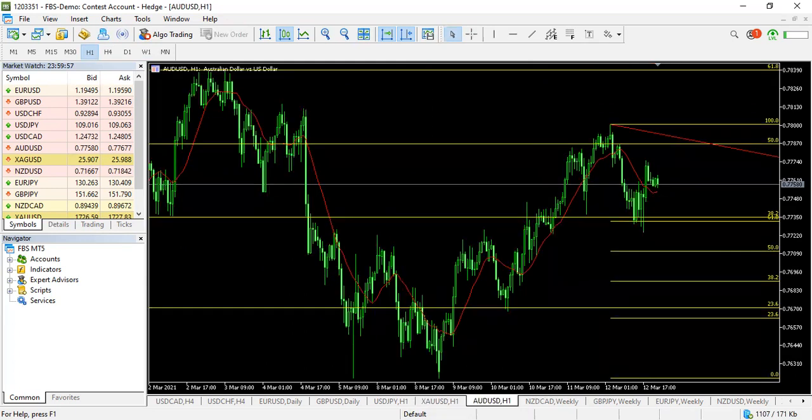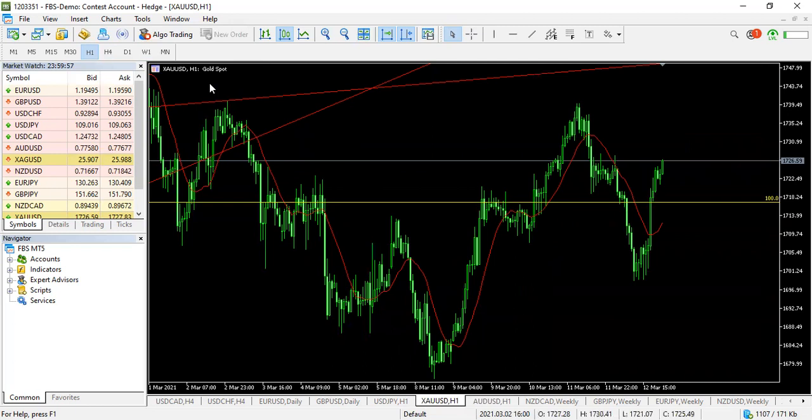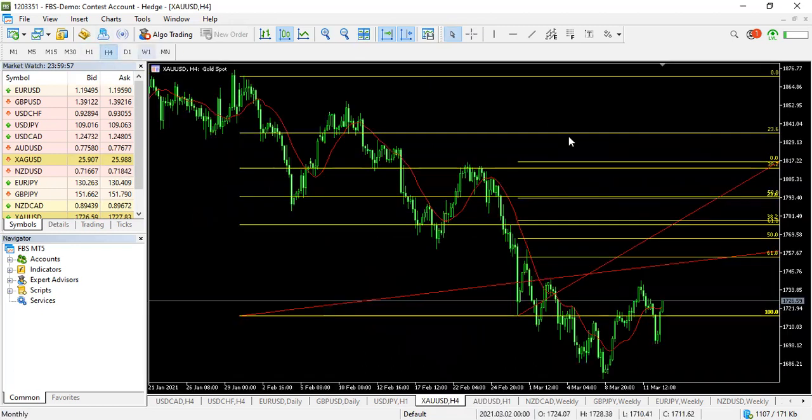And the next one would be the Australian dollar USD. Also here, nothing is really happening at the moment. But because this is a commodity pair, we'll likely see it continue going up like the gold. And oh, I forgot to mention the gold's pivot point for this week is 1776. So it's somewhere here, 1776.